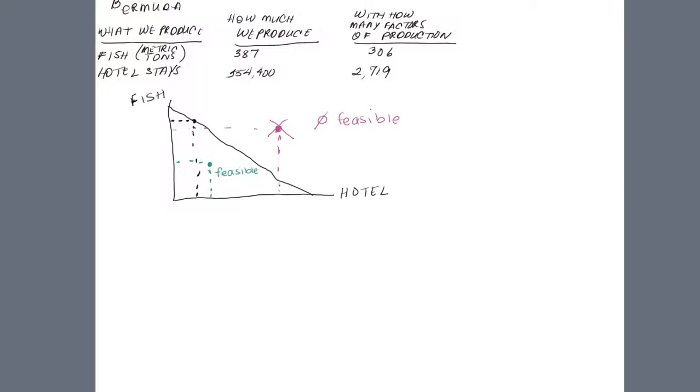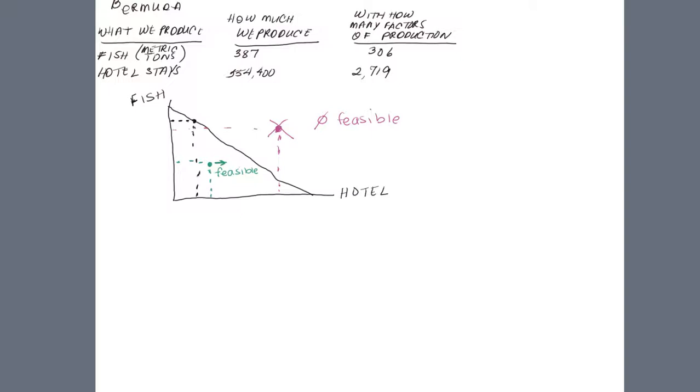So for instance, from here, I could catch more metric tons of fish without having to sacrifice any hotel stays. Similarly, I could produce more hotel stays without having to sacrifice the catching of any metric tons of fish.